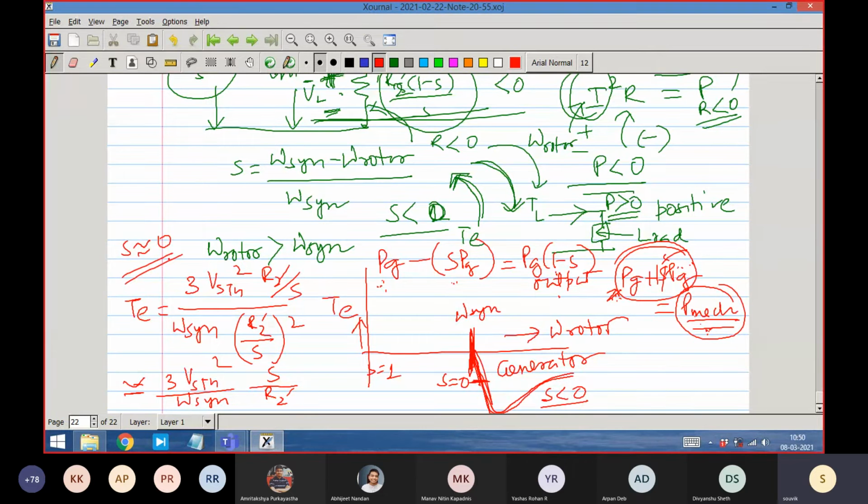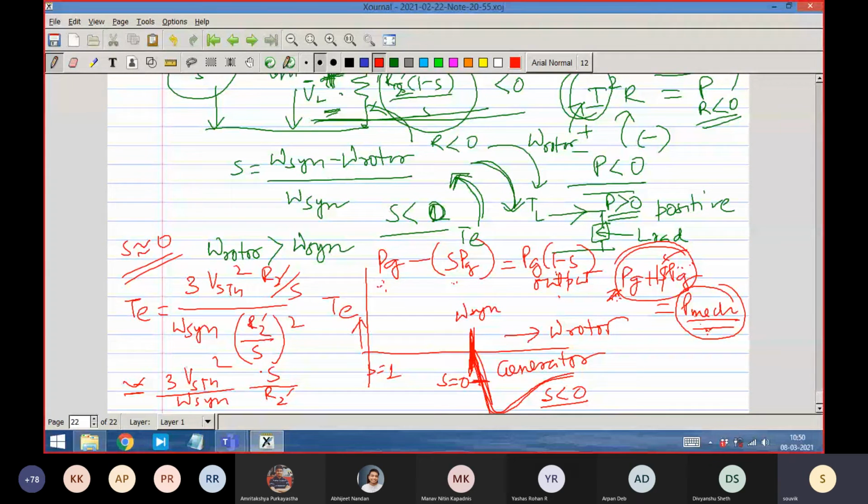You can see that putting slip negative makes torque negative, and slip positive makes torque positive. So this is just symmetric in the generator zone. Do you get the idea of this thing?